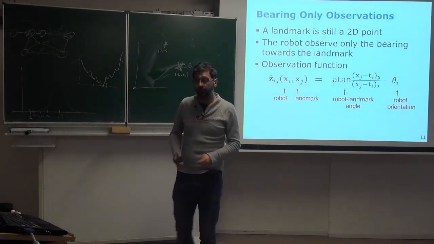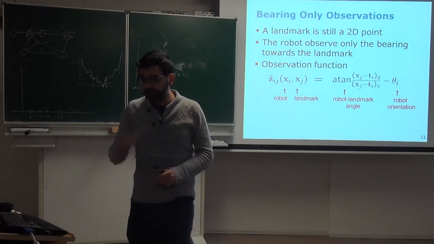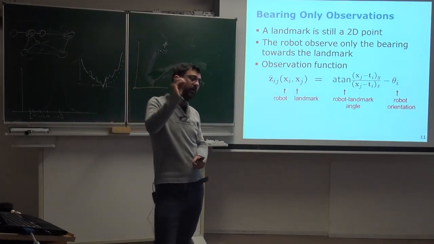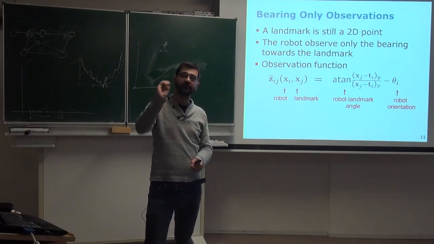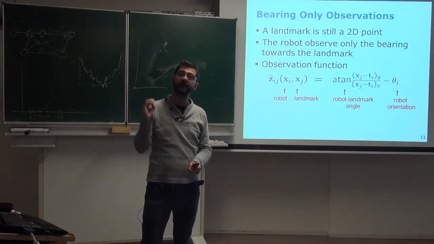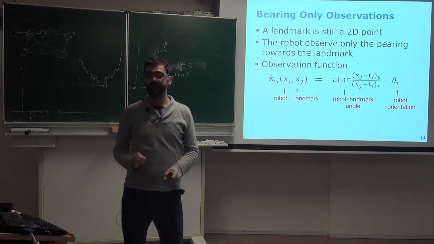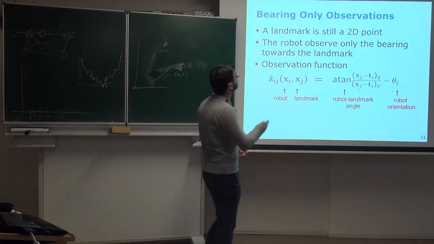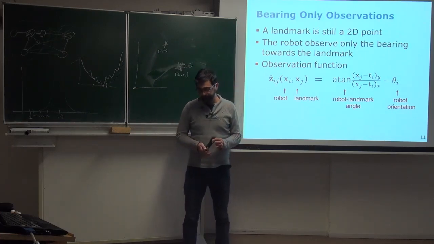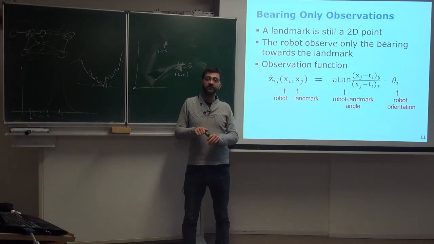Since the landmark is only a point, we can also have a different type of measurement, which is less than the xy measurement, so it's even a rank less, an information less, which says I'm only observing the angle, and that's called the bearing only observation. This is important because that's the type of measurement you get from cameras.